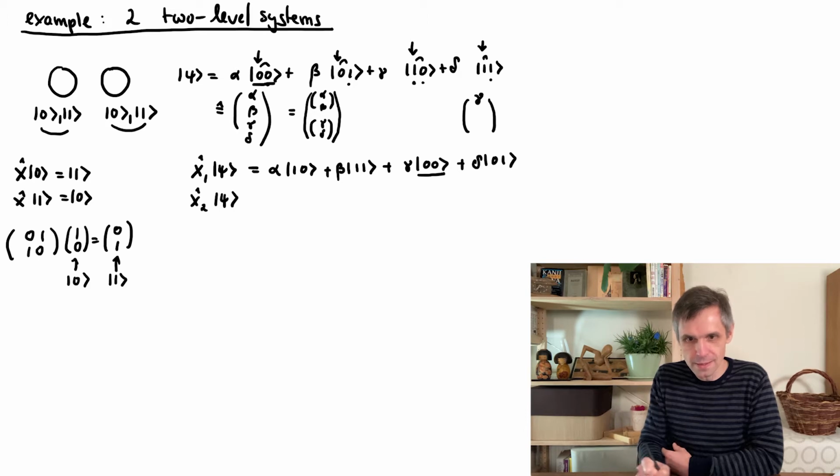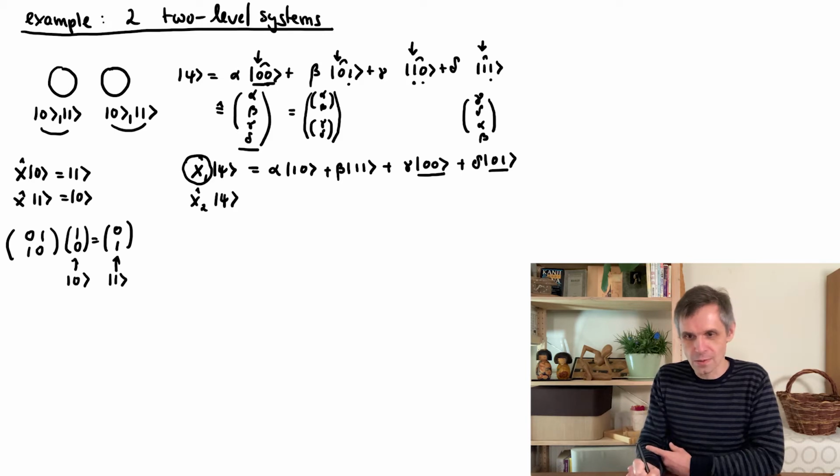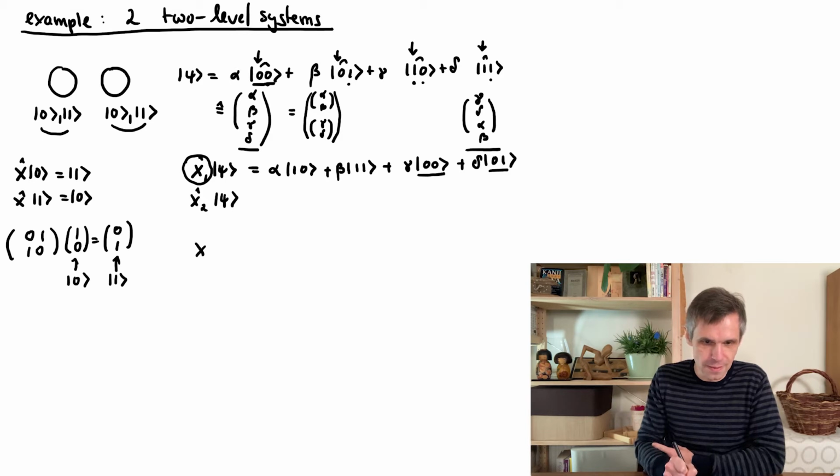Then we have a delta in front of this 0, 1 here. Then we have an alpha, and then we have a beta. So therefore, in terms of matrices, this operator here should correspond to a matrix which transforms this vector into this vector. And we can indeed write this down in the following form.